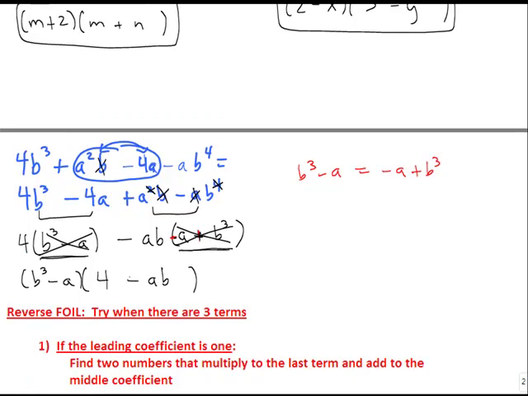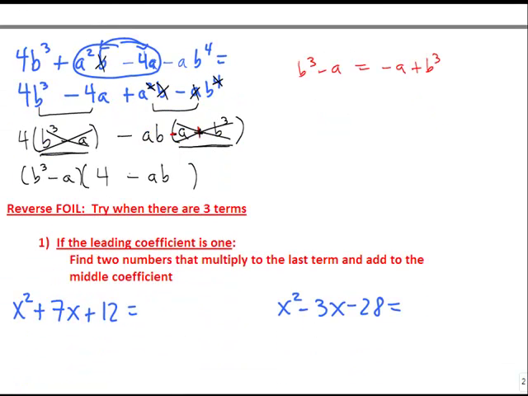So this example is a lot more challenging than the other two because when we initially tried grouping it didn't seem to work. So what we need to do in that case is rearrange a couple of terms. Usually I find that just swapping the second and the third term around so that they are in a different order will usually make the grouping problem work correctly.